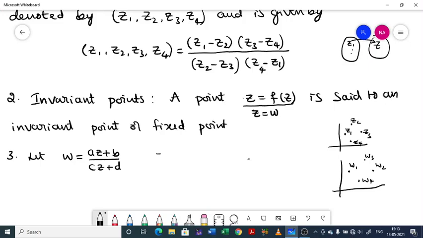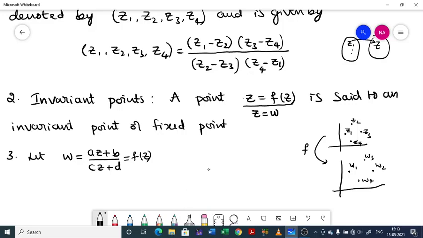See, f is a mapping from z plane to w plane given by the rule f of z equal to az plus b divided by cz plus d. Then z1, z2, z3, z4 are mapped onto w1, w2, w3, w4 under this bilinear transformation.